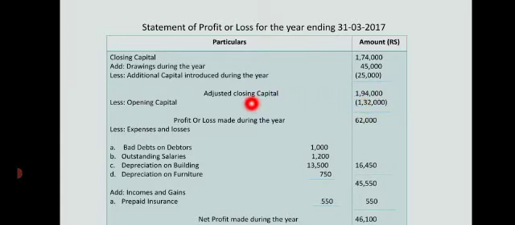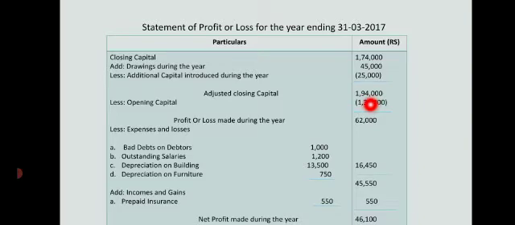We call it as adjusted closing capital, right? So closing capital is 1,74,000, add drawings during the year 45,000, less additional capital introduced during the year 25,000. Whatever answer you get, we call it as adjusted closing capital amounting to rupees 1,94,000.